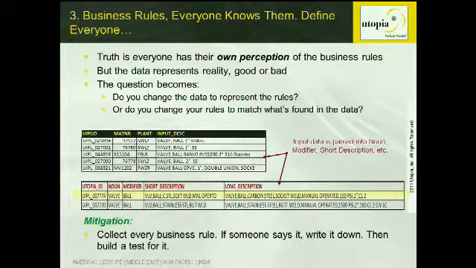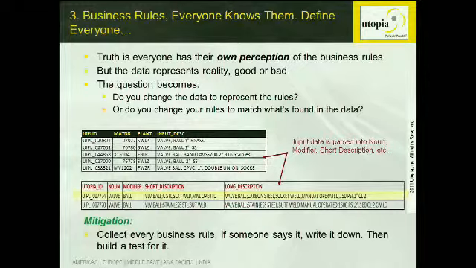Okay, so the business rules. Everyone knows them. Why do we need to define them? Well, I like to ask, who is everyone? I mean, the simple question is, what's the definition of a customer? You can have 5 different definitions of the customer, maybe more, maybe less, and they'll all be accurate given the context. What you have to do is agree, when you come into a meeting room, on which definition of customer you're going to use, under what context.